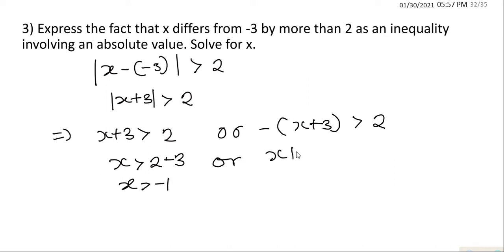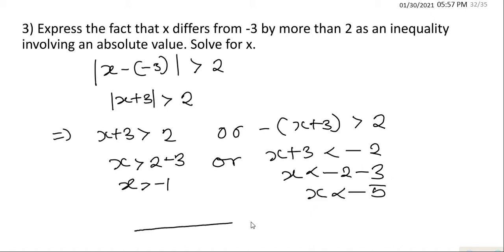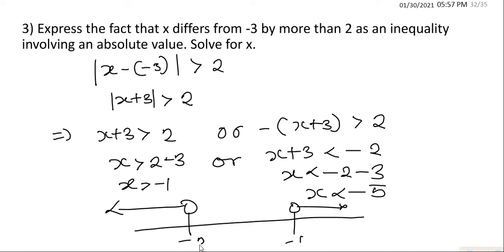For the second, x is less than minus 2 minus 3, which implies x is less than minus 5. So the distance of this goes this way for minus 1, and for less than minus 5 it goes this way, and this is minus 5, and this is the x-axis.